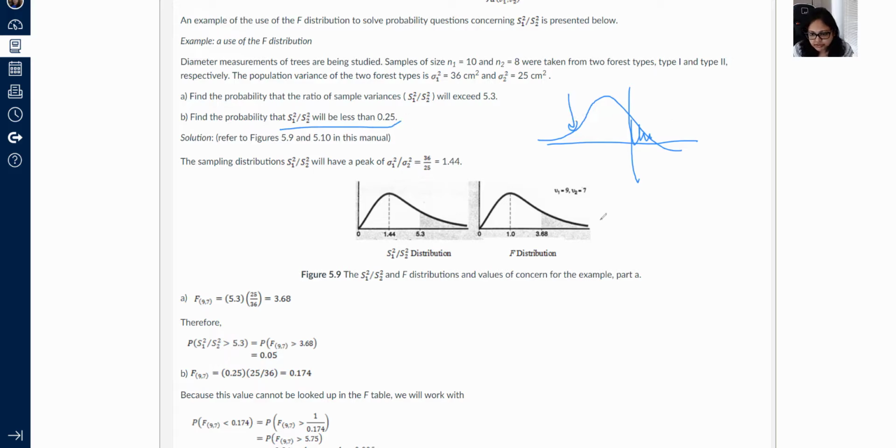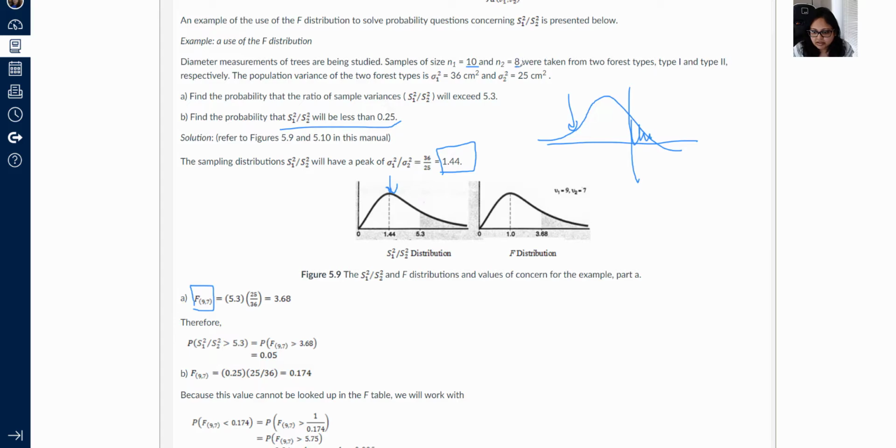In order to do that, at first we need to find the ratio of them. You can see that the ratio is 1.44. That's where our ratio is. Then we need to find V1 and V2. V1 is n1 minus 1 and V2 is n2 minus 1, that means 9 and 7.